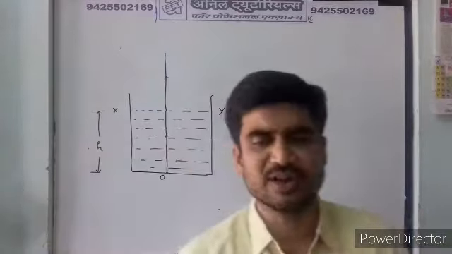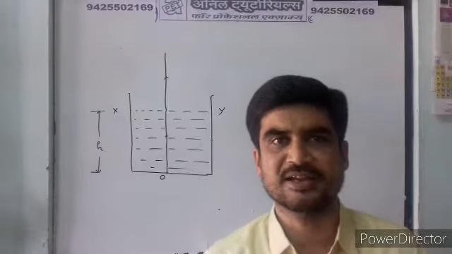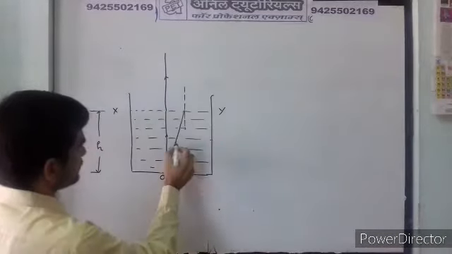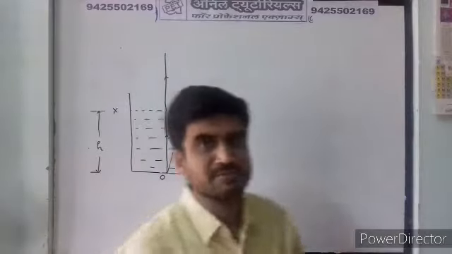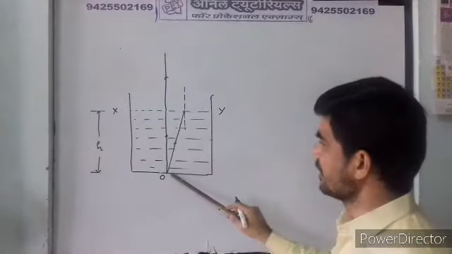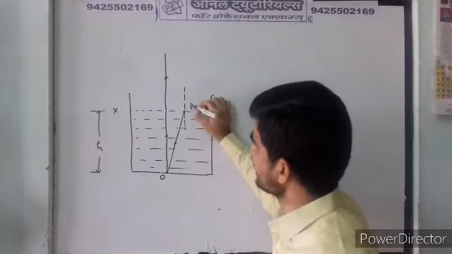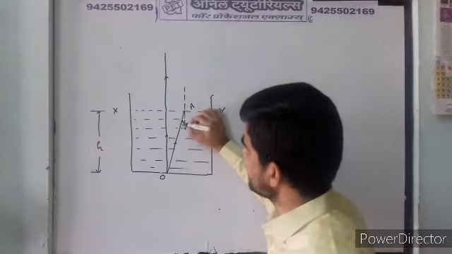Now I will take one more ray that is incident at some angle at XY. Say one more ray from point O is incident at this common surface at point A. Suppose it makes an angle i.